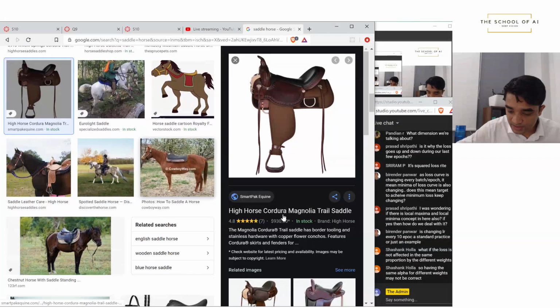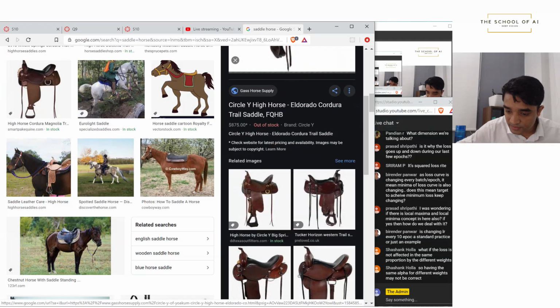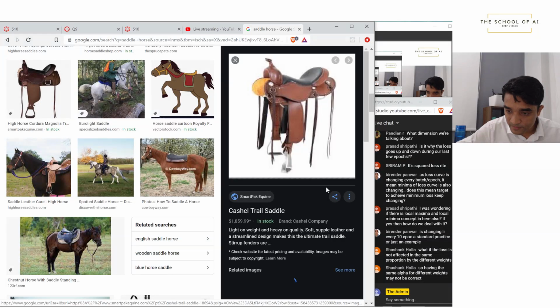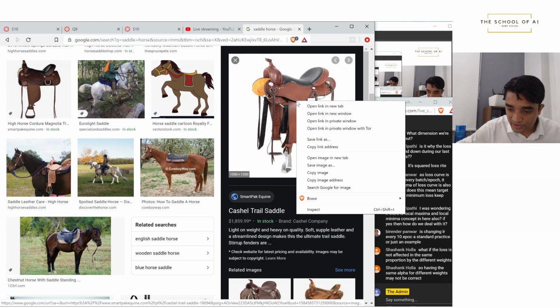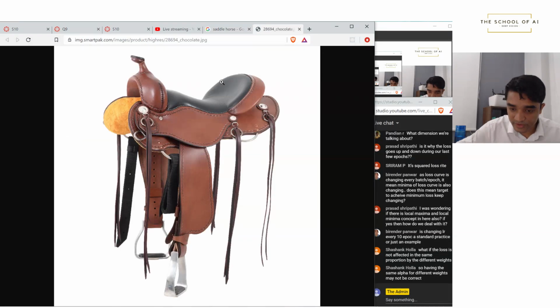Not an ideal saddle. Okay, let's use this anyways. Open image, new tab.